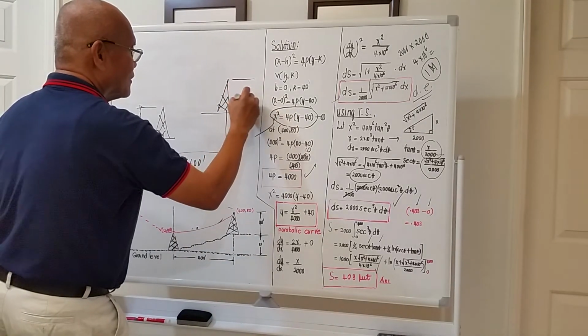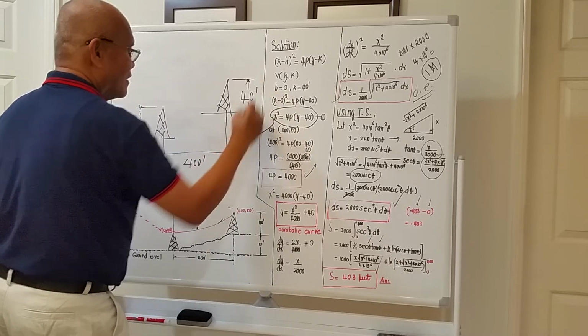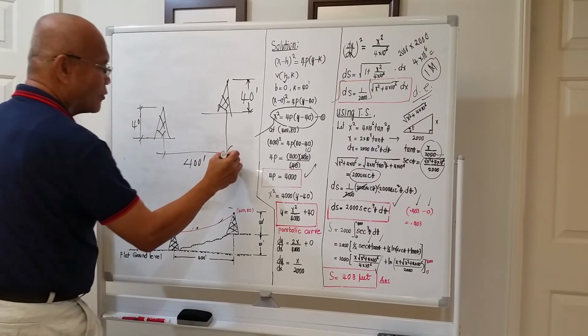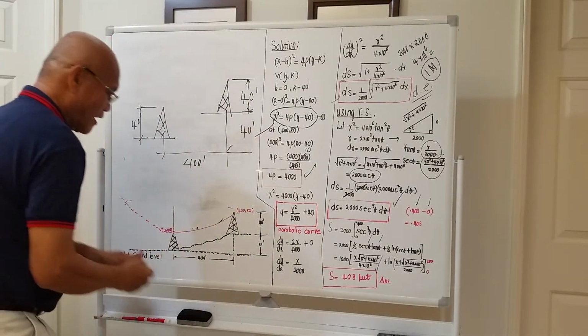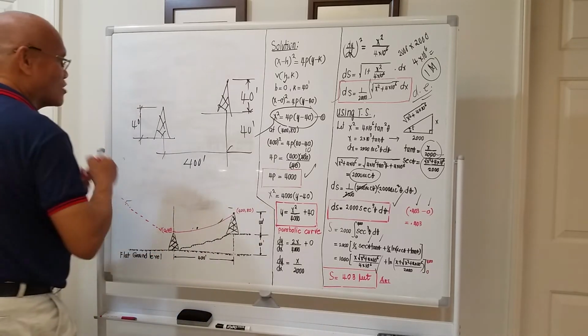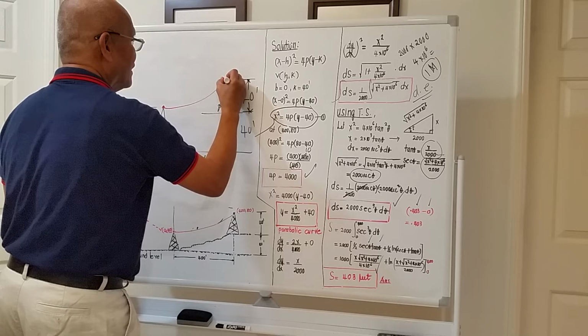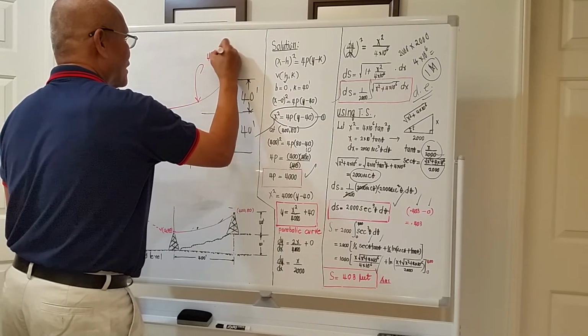This is also 40 feet. Okay. And it says that the other tower is 40 feet higher than the other one, so this should also be 40 feet. And if you try to connect the transmission line will be here. Okay. And from our computation, the total length is 403 feet.